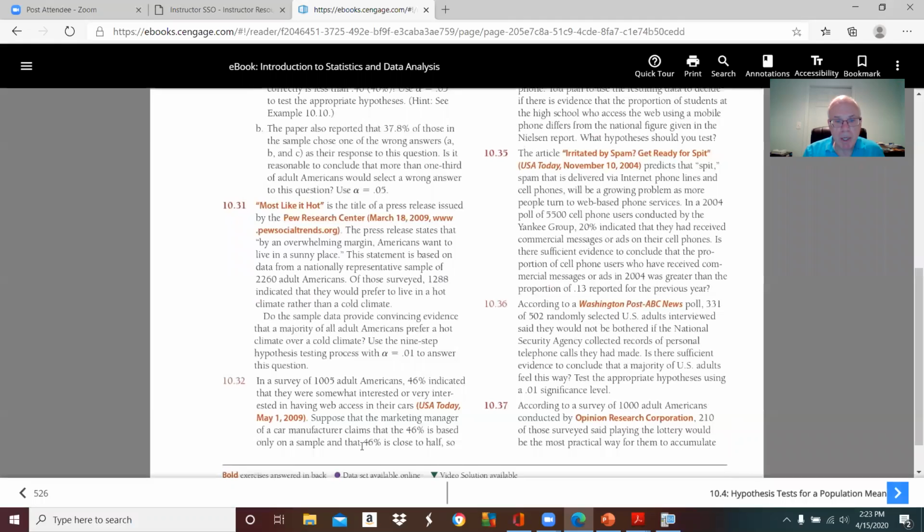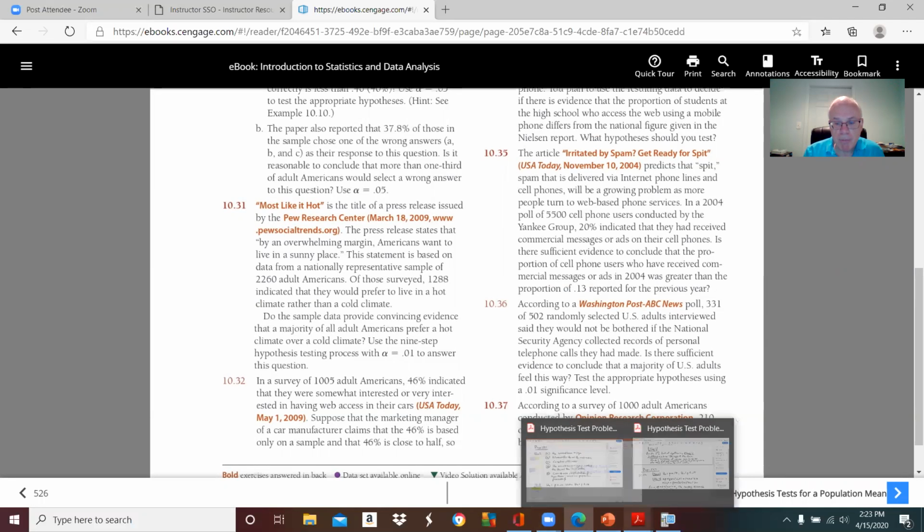Notice the data in the study shows that it's less than 0.5. It's 0.46. This 46%, by the way, is our sample proportion, and 0.5 is going to be our hypothesized proportion. Remember, we never use sample data in our hypothesis tests.